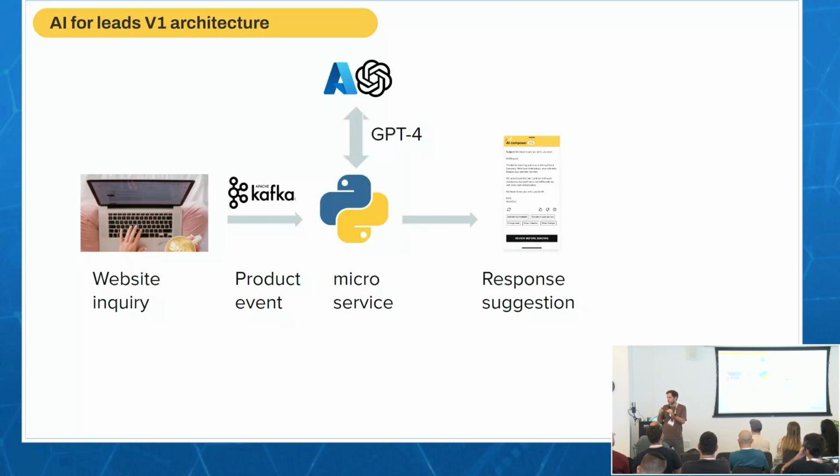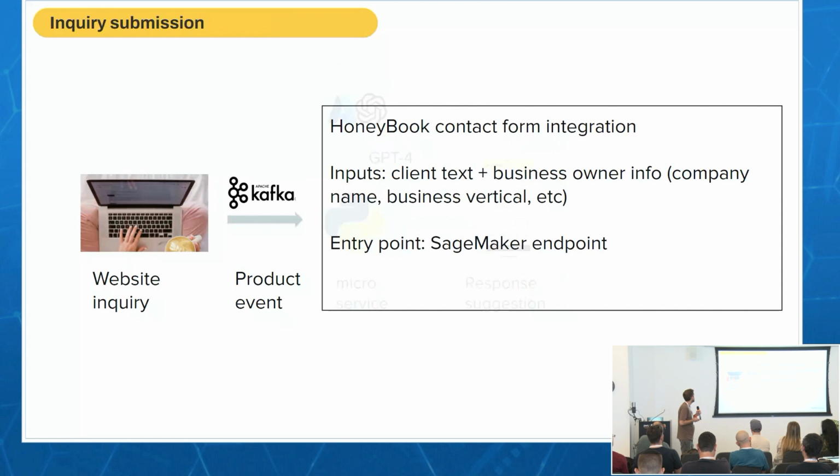We are working with a microservices architecture. And within the microservice, there is the data science code, some call to a large language model. In our case, it's GPT-4, which I will elaborate on in the next slides. And then there is a response, which is sent into the product. Now, let's talk about each of these components separately.